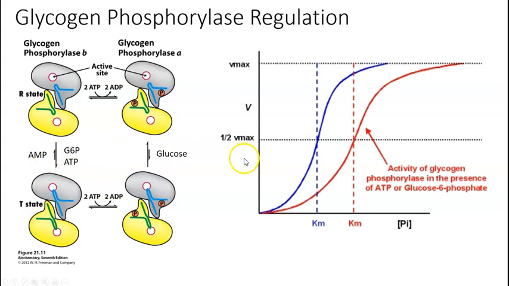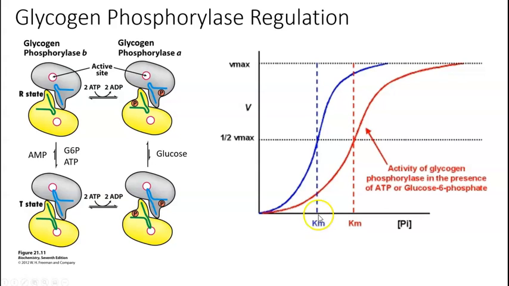Now, you can see what's happening with the regulation when we have the activity of glycogen phosphorylase in the presence of ATP or glucose 6-phosphate. So we normally have the uninterrupted enzyme activity. The Km is a lower number. And remember, the Km is a relative readout of how well it binds at 50% capacity.